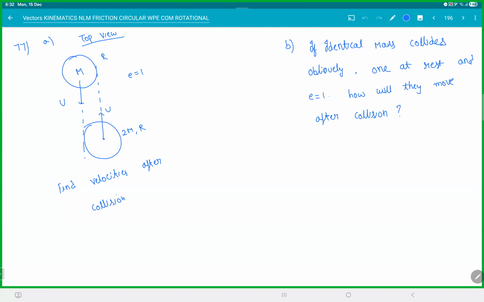E is equal to 1. This is an oblique collision. If identical masses collide obliquely, one at rest and E is equal to 1, how will they move after collision? So that's more of a theoretical thing, the second one.